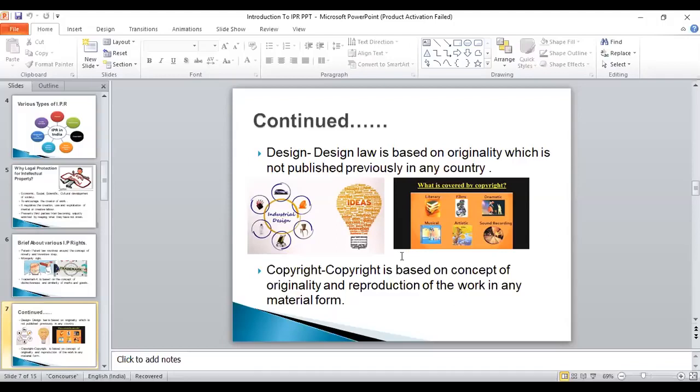If we break down the two words, copy plus right. So that a third person should not exploit or copy your work, we can use the Copyright Act, right? We would actually stop the person from doing so. In India, the registration of copyright is not mandatory, as registration is treated as just a record of fact.